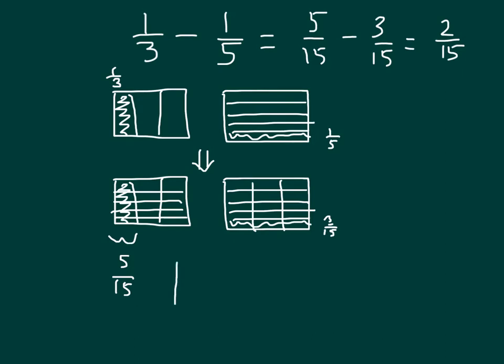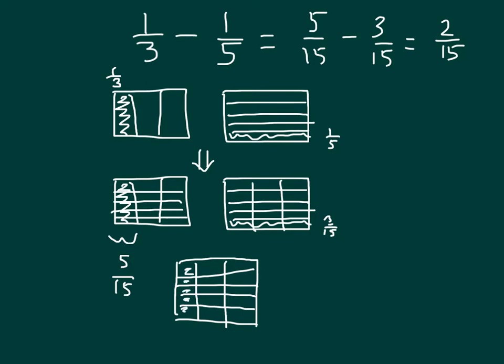So we had 5/15 for our model. Let me draw that out. So that's what we had as our model. We had 5/15, except we are subtracting 3/15 from that. So what we do is we cross out 3 of those 15ths.